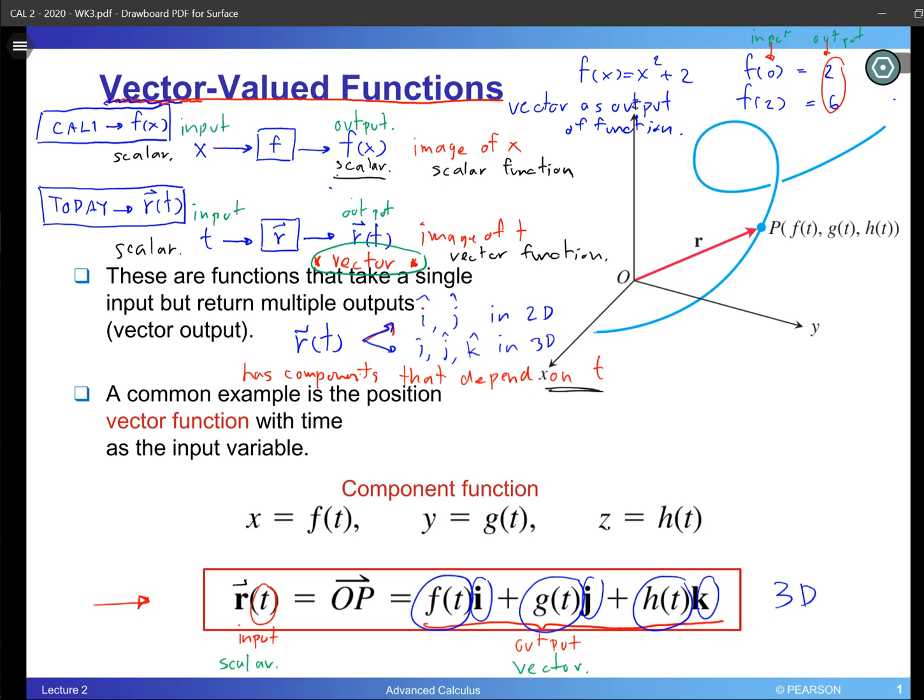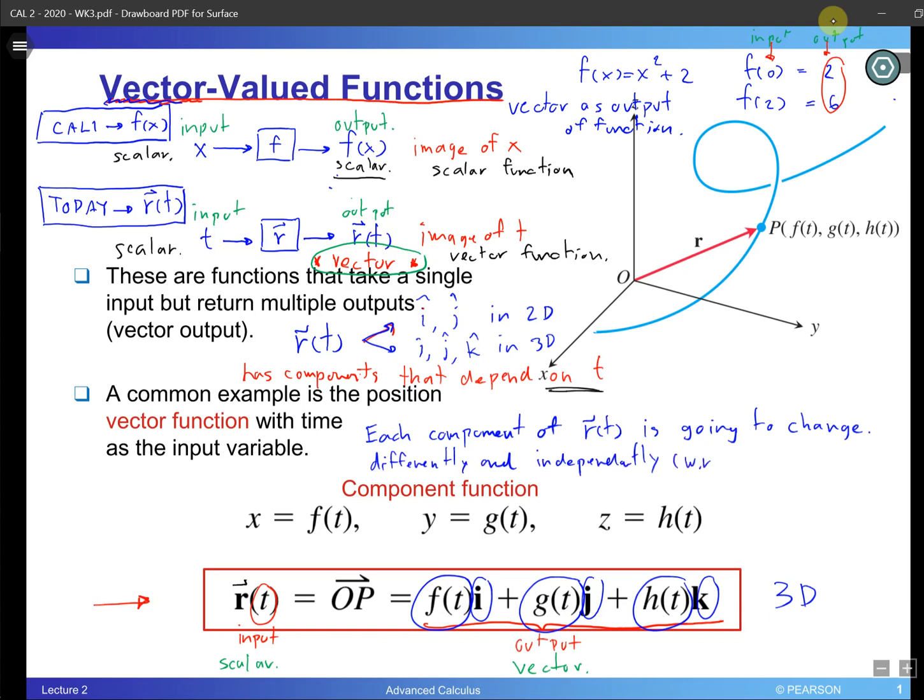Each component of this vector R of t is going to change, and here's the keyword, differently and independently with respect to time, or t.